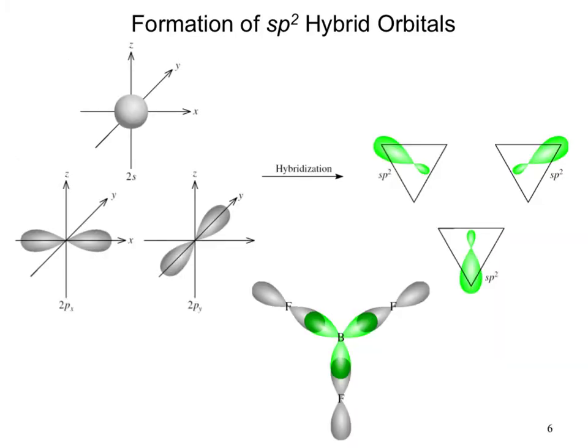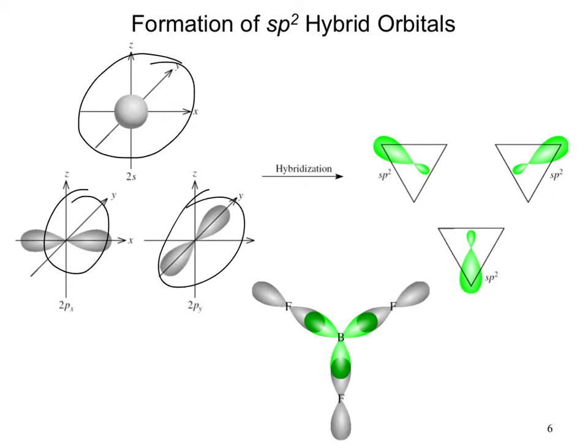The formation of an sp2 hybrid comes when we take an s orbital and two p orbitals. So this would be something like boron trifluoride, BF3. Remember, in boron, I'm going to just do the valence shell, we've got the 2s orbital and the 2p orbitals. The 2p orbital has one electron and the 2s is filled.